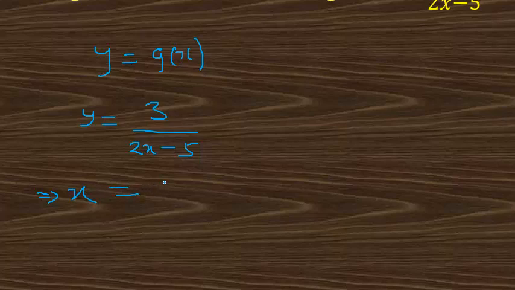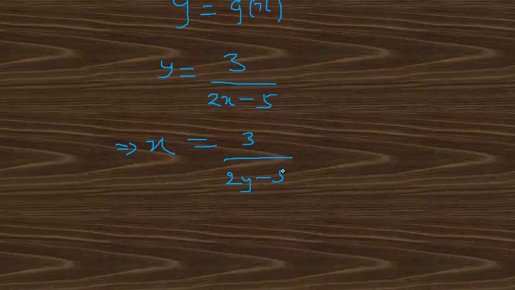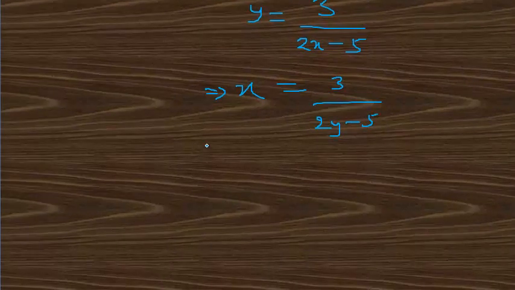So we are going to interchange x and y. So x equals 3 over 2y minus 5. All right, now let's make y the subject here. So this one we can say is over 1.